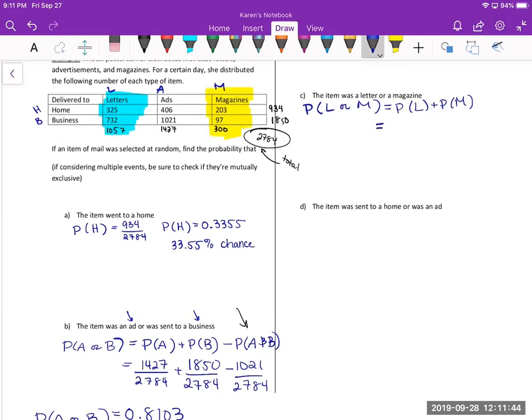So the probability a piece of mail was a letter, there's 1,057 of them out of the total group. And the probability of selecting a magazine, well, there's 300 of them out of the total group. And you should get 0.4874 or 48.74% chance.